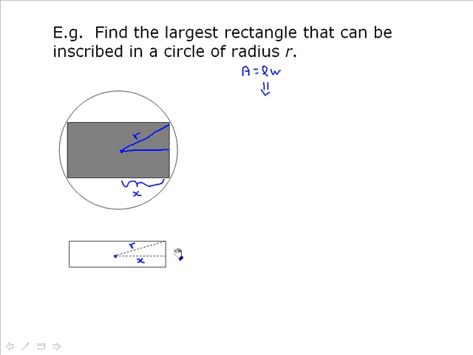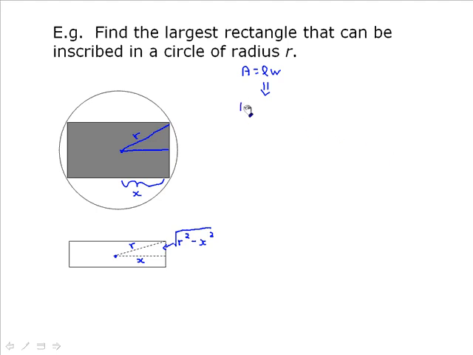That's going to tell us information about the length and the width, or at least part of it. If you look at this remaining section, which makes up the skinny part of the rectangle, the width, that's going to be equal to the square root of r squared minus x squared, using Pythagoras' theorem. So now we can solve this in terms of r and x.